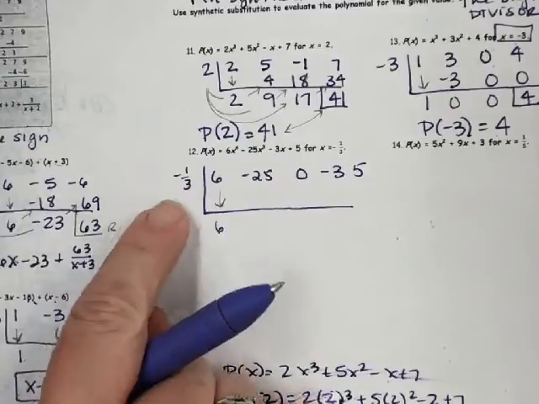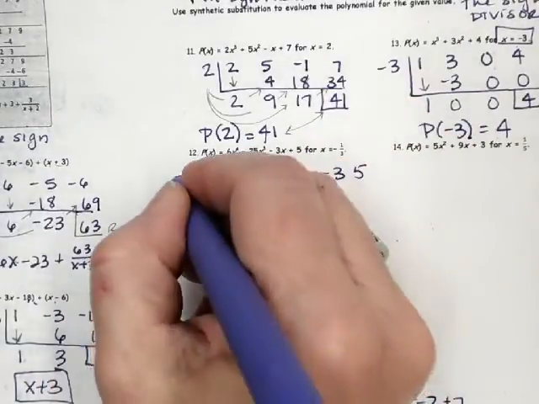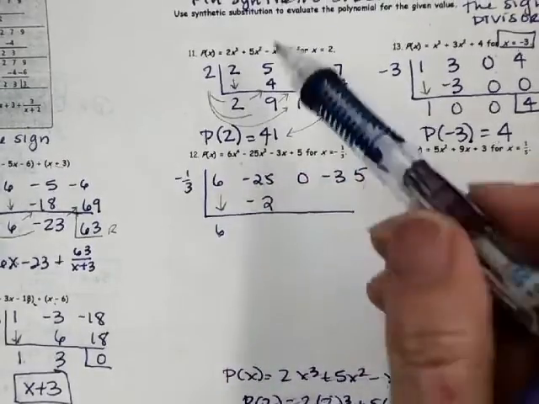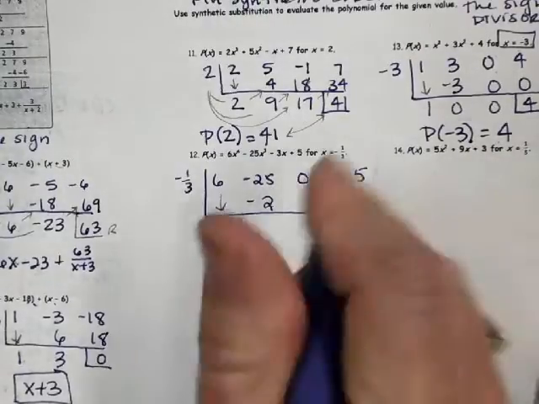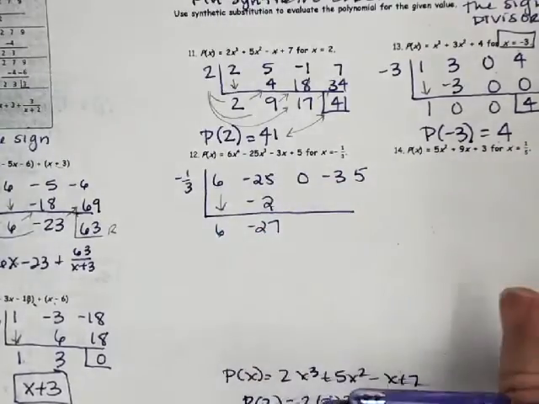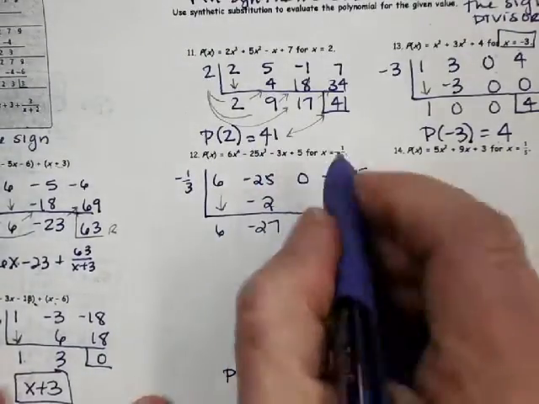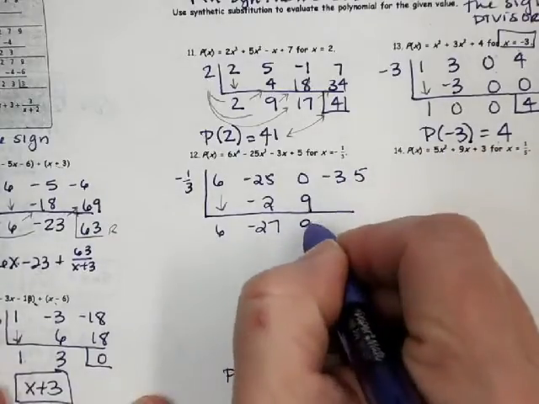Negative 1/3 times 6. A third of 6 is 2, and since that's negative, that's going to make it negative 2. You can use your calculator if you don't like those fractions. Negative 25 and negative 2 gives me negative 27. And negative 1/3 times negative 27 is positive 9. 0 plus 9 is 9.